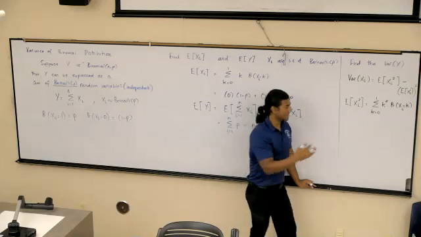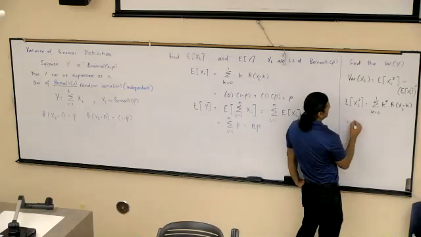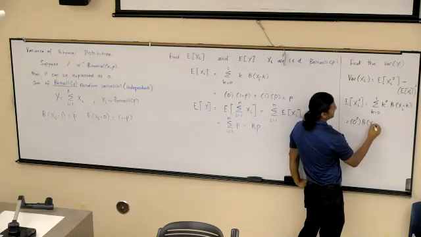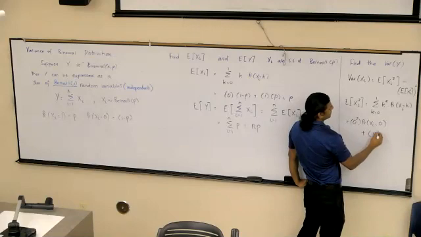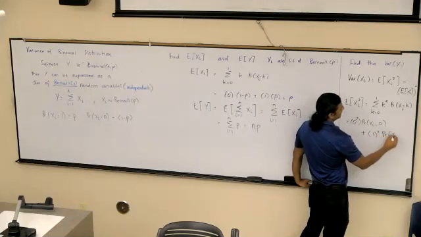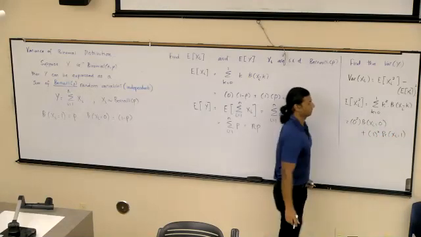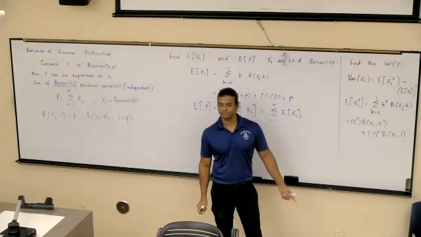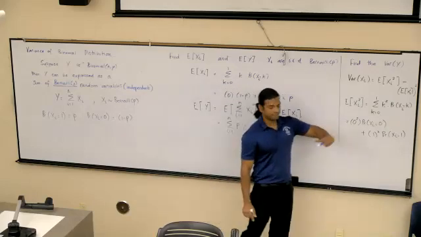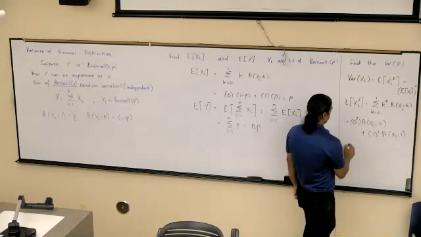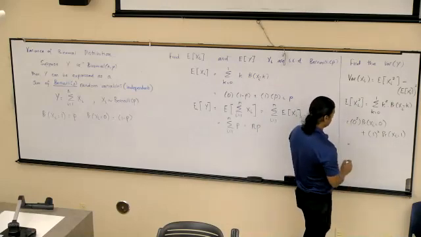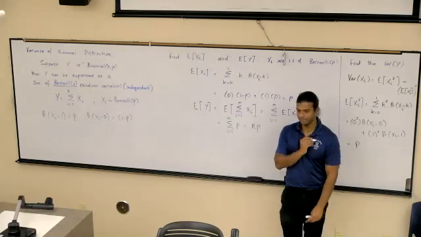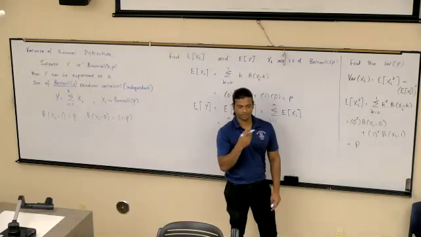When k is 0, you would have 0 squared times the probability xi equals 0, plus 1 squared times the probability xi equals 1. The first term would go away, leaving you with the probability that xi equals 1, which is simply p.